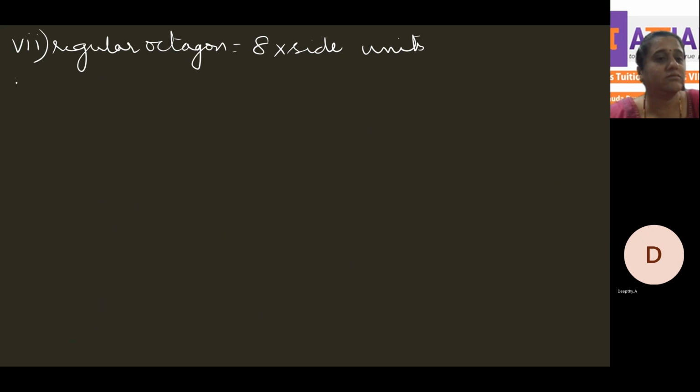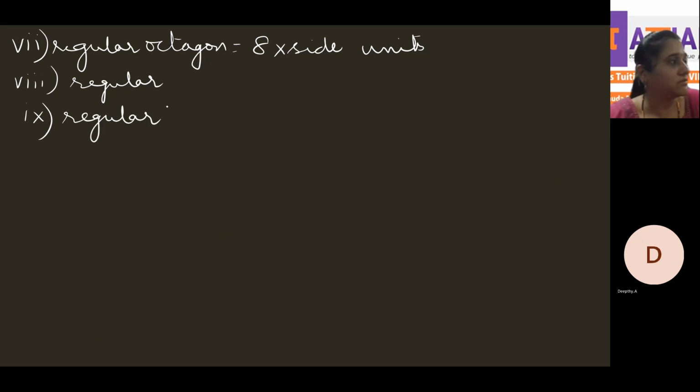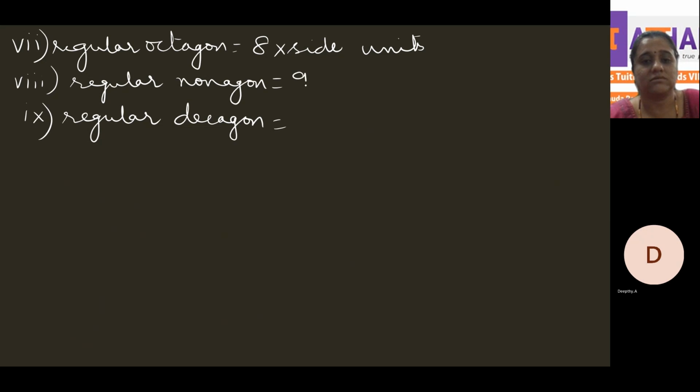What's the next one? Nonagon. Say nonagon. Nonagon is a polygon with 9 sides, and all these 9 sides are equal.